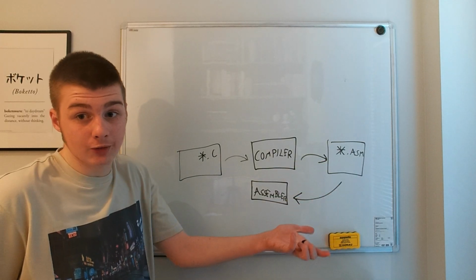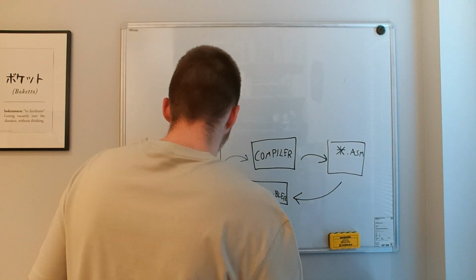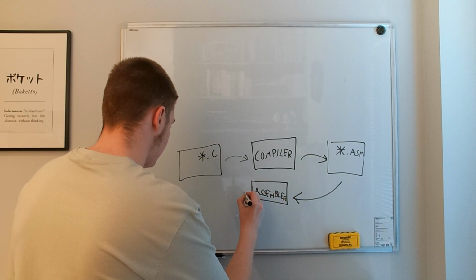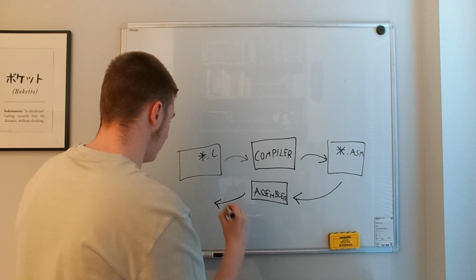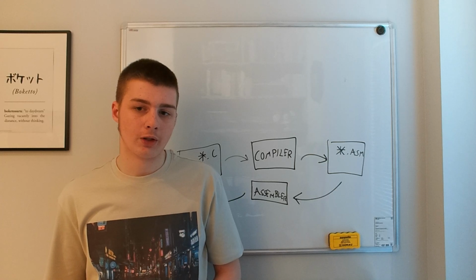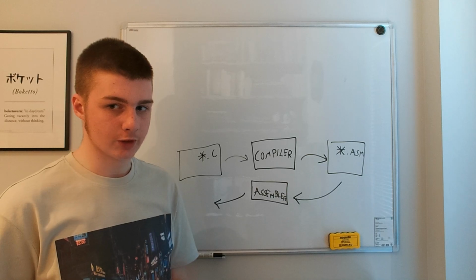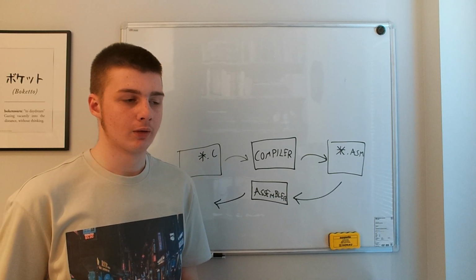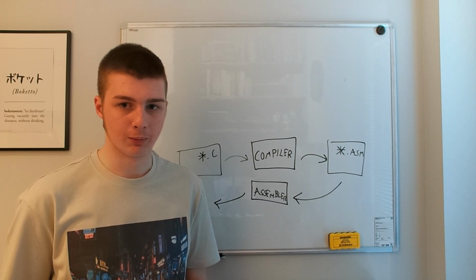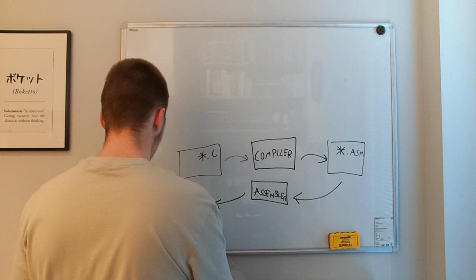It can be S, for a GNU assembler, it's usually .s. Doesn't matter. So we have an assembler, and now here things depend, because it depends to what result you are expecting. However, it is safe to say that in most cases, what you're going to get out of an assembler is something called an object file.